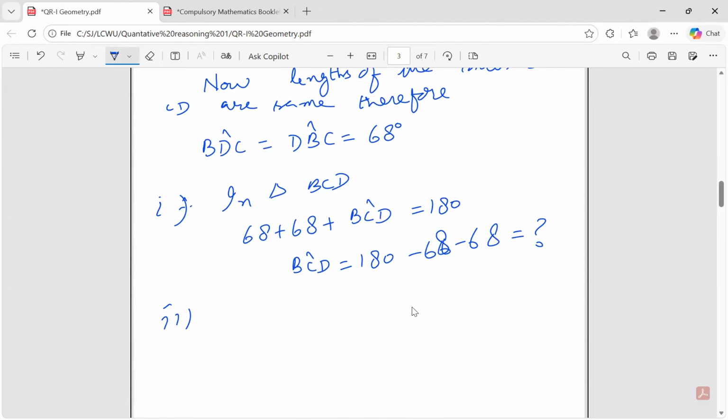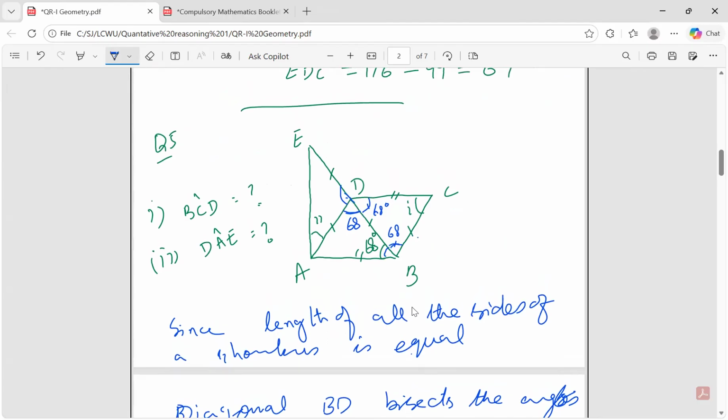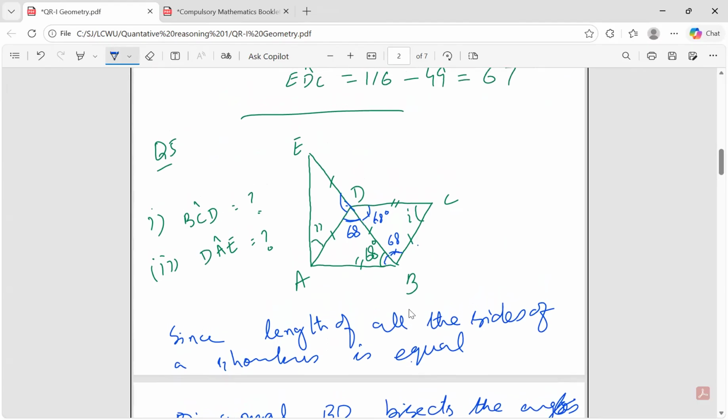Now in triangle ADE, angle ADE is equal to 180 minus 68 degrees, which is equal to 112 degrees. So this angle is 112 degrees. You need to find this one angle.